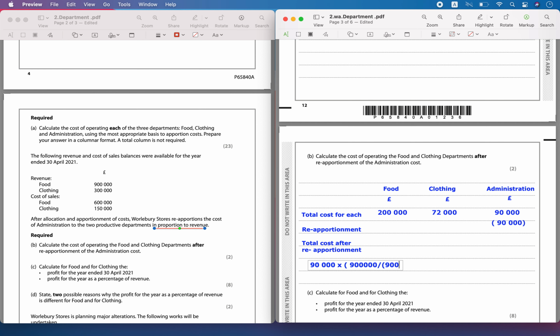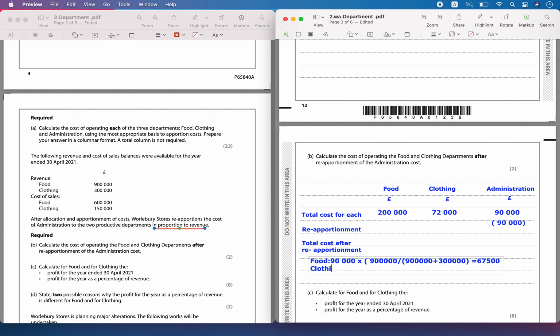900,000 divided by 900,000 plus 300,000 gives 67,500, and this is for the food. Next is the clothing.